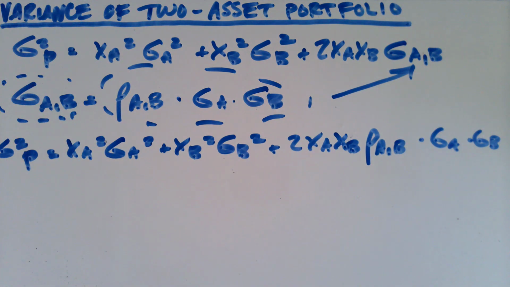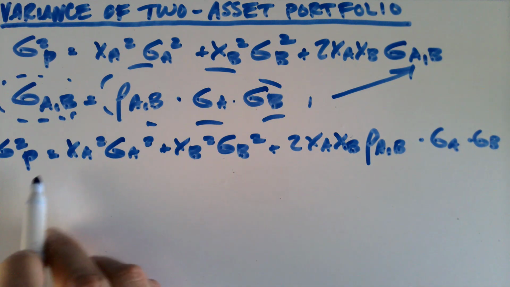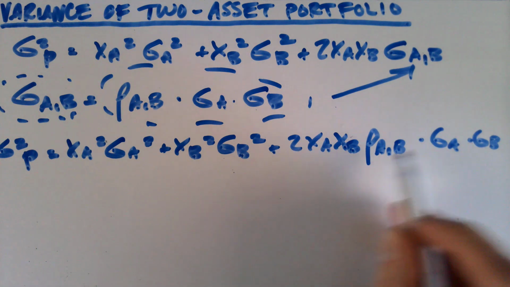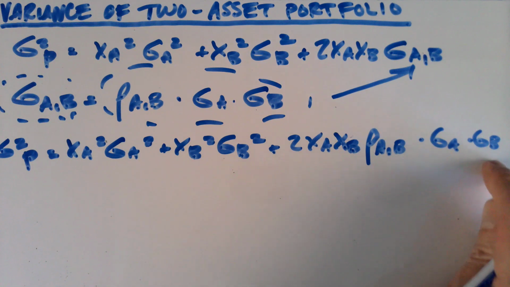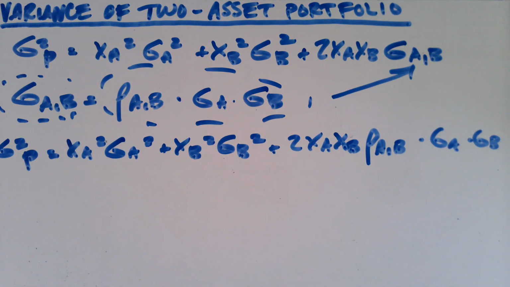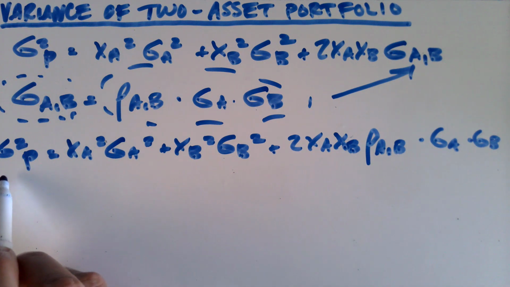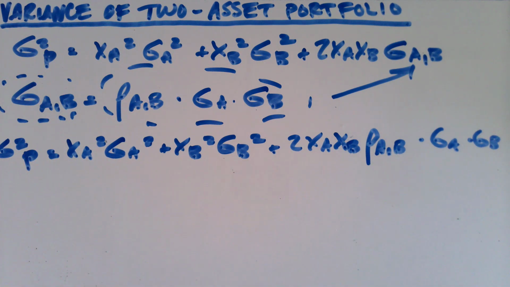And so there we have the formula for the variance of a portfolio, actually the variance of the return on the portfolio, and all of this stays the same right up to here, and then we just simply substitute in correlation of A with B times the standard deviation of A times the standard deviation of B. Now once again, typically what we're being asked for is the standard deviation of the returns on the portfolio. And so I would need to take the square root of this variance on the portfolio in order to be able to get that standard deviation.